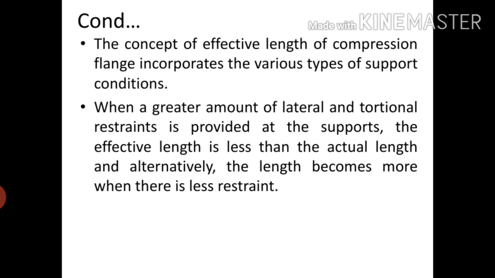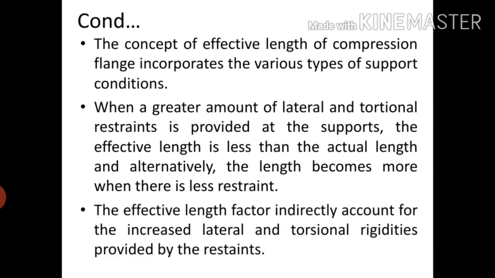That is controlled by the factor KL, the effective length factor. When a greater amount of lateral and torsional resistance is provided at the supports, the effective length is less than the actual length, and the length becomes more when there is less restraint. Then the effective length factor indirectly accounts for the increased lateral and torsional rigidities provided by the restraints.